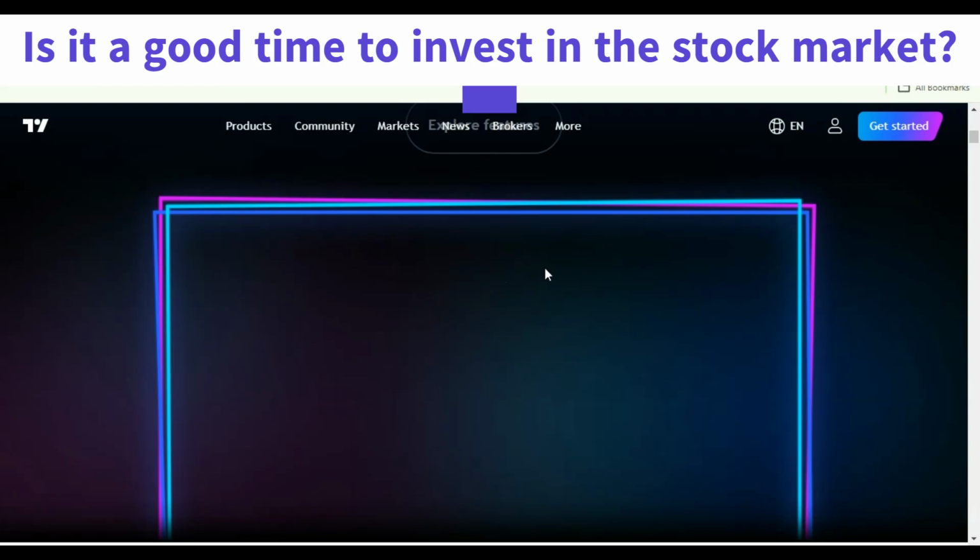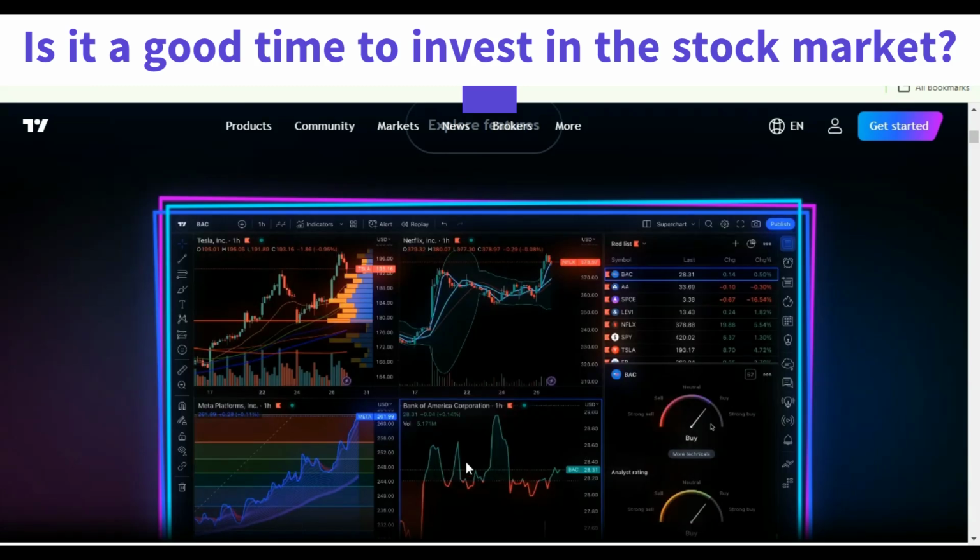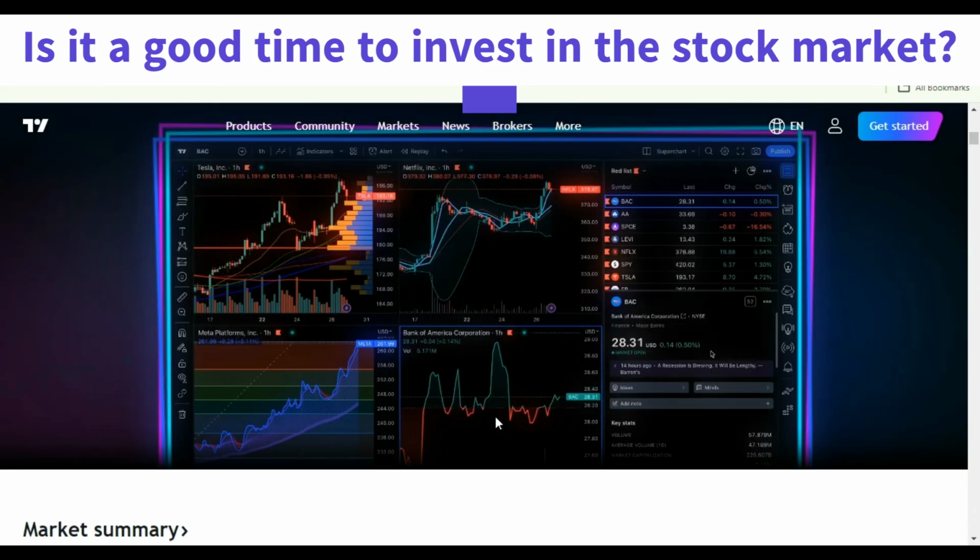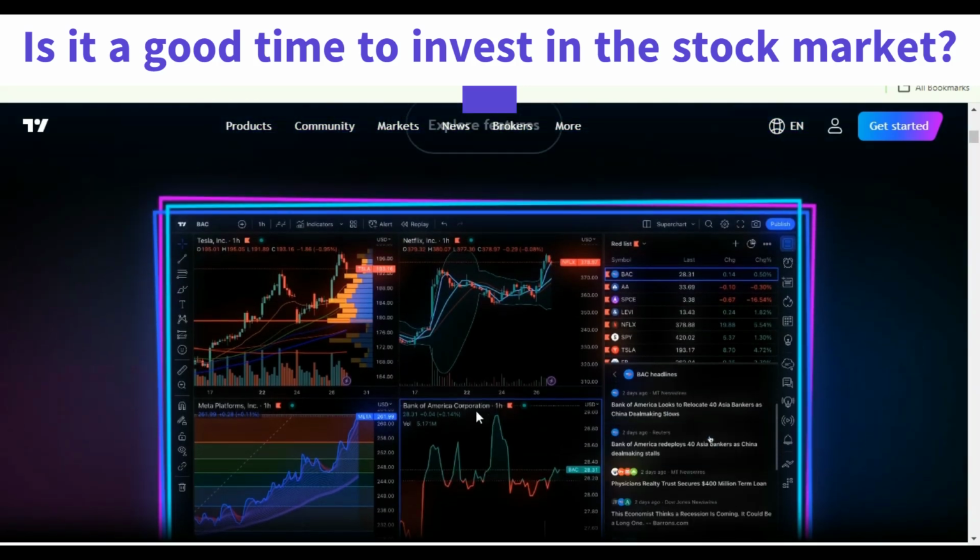It involves investors, traders, and institutions buying and selling stocks with the aim of making a profit. So, here's a basic overview of how stock market trading works.